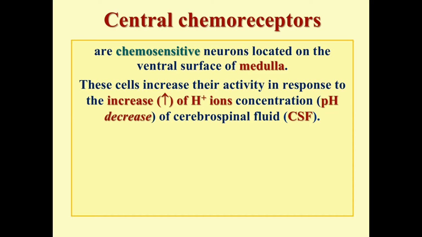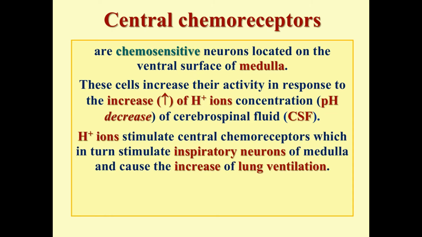They respond to H+ ion concentration in the cerebrospinal fluid, because these neurons contact this fluid. H+ ions stimulate chemoreceptors, and as a result, the inspiratory neurons become stimulated stronger than usual, depending on the degree of increase in H+ ions.